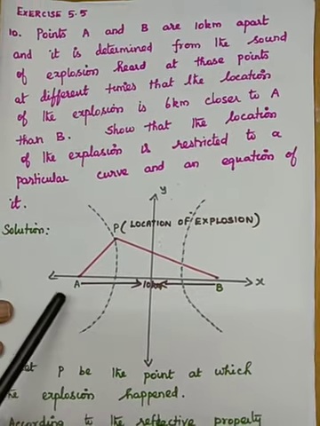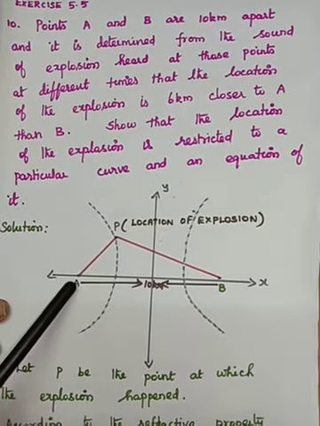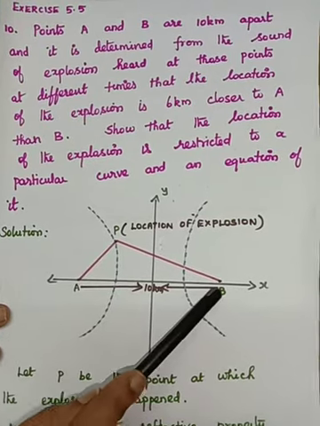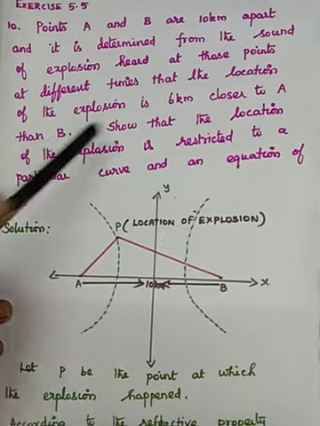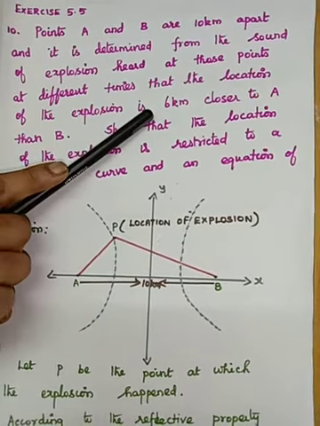What is given now? The distance PA and the distance PB, whose difference is 6 kilometers.